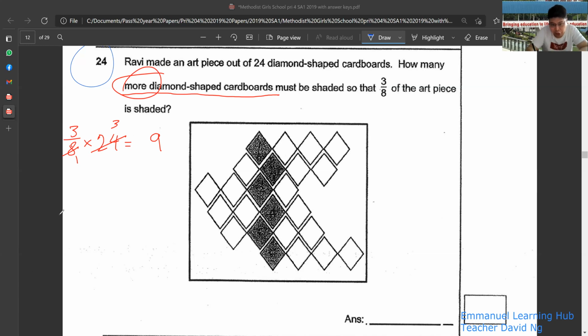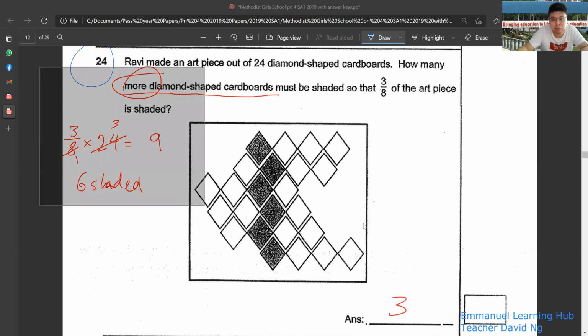You count how many cardboards are shaded now. 6 shaded. So you need to shade how many more to make it 9? 3. So the answer is 3. You shade 3 more. Okay? You understand? Yes.